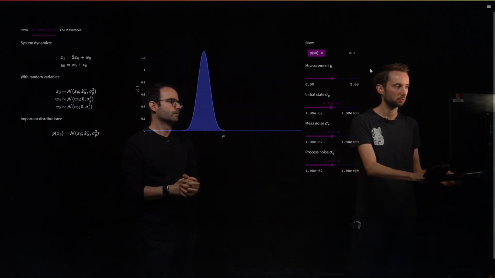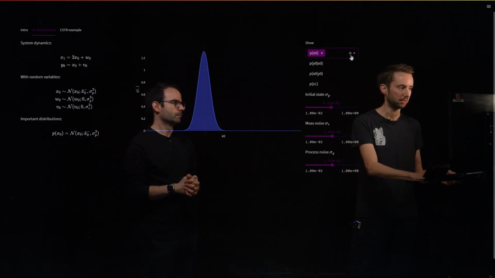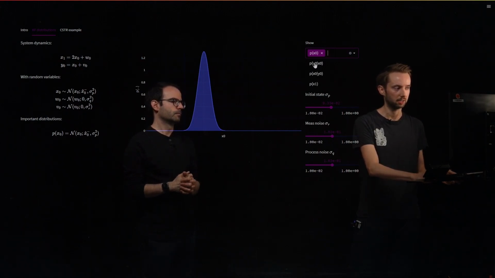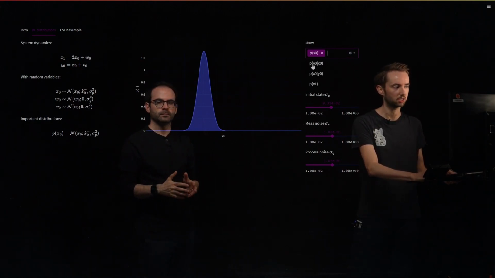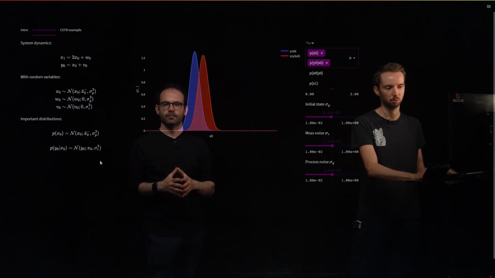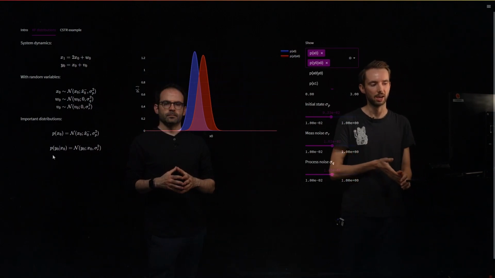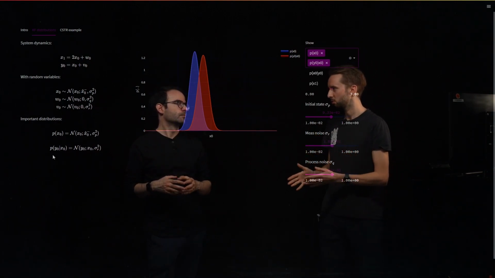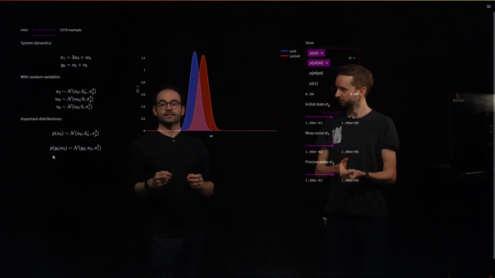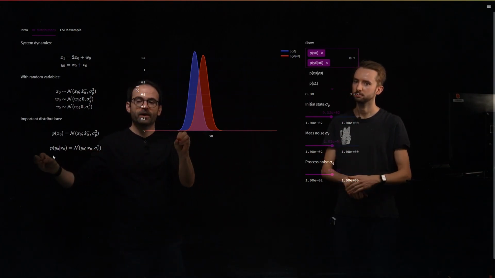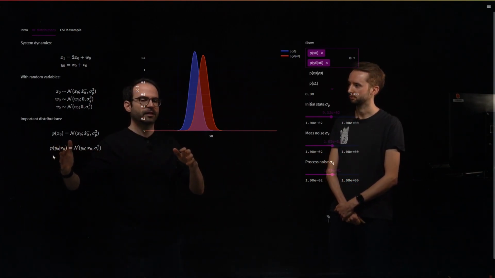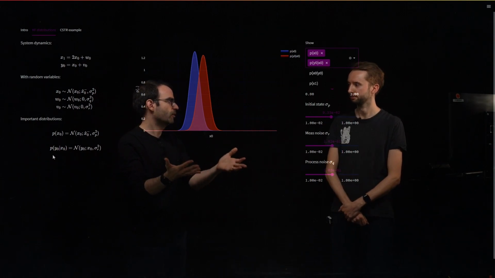The second important distribution we need to look at is the distribution of the measurements. In the context of our Bayesian point of view, we are going to denote this with p(y0 given x0). What does this distribution mean? How can this be interpreted? Yes, whenever you measure something, it's not completely independent from the actual state of what you are measuring.